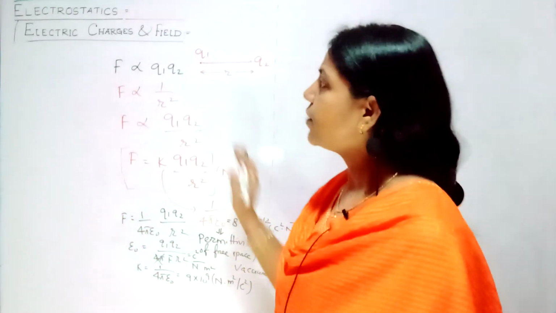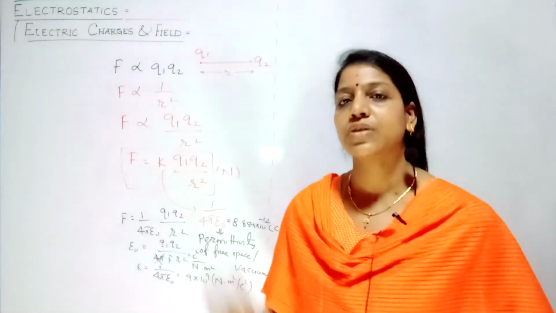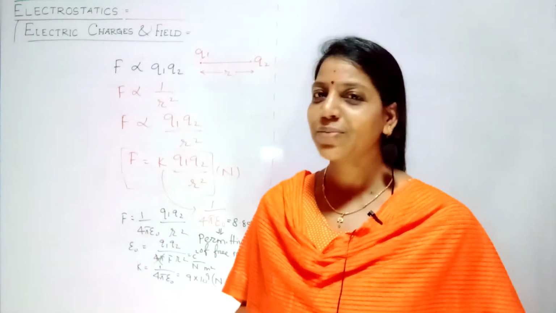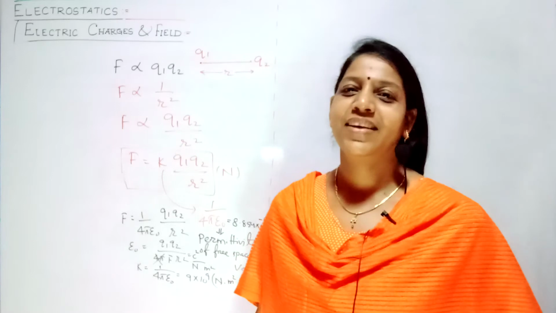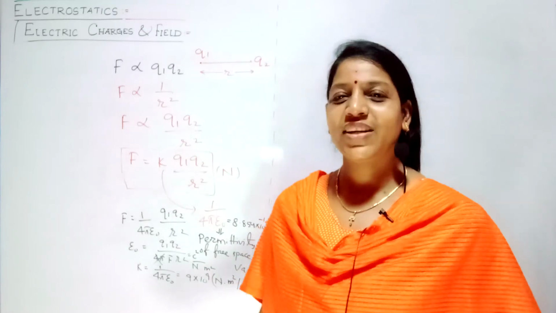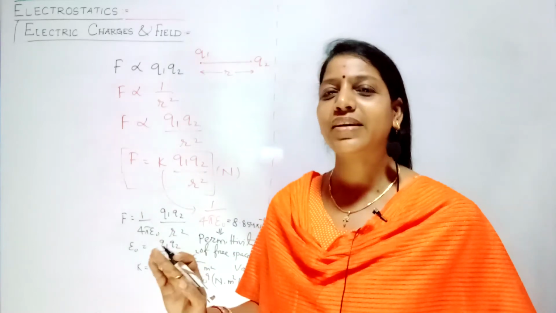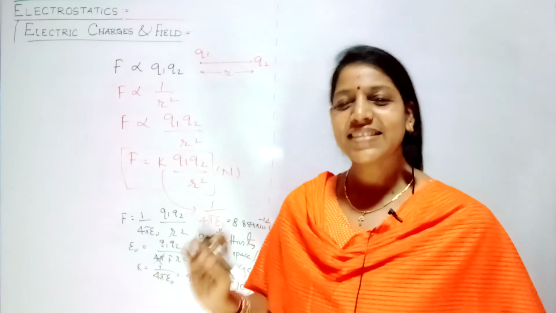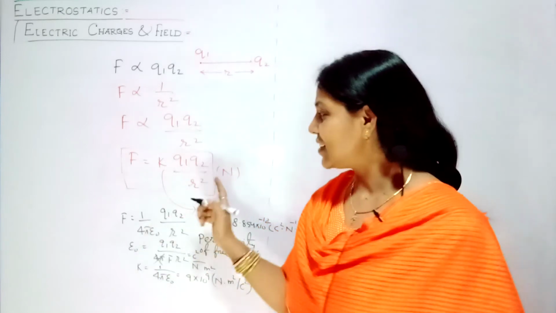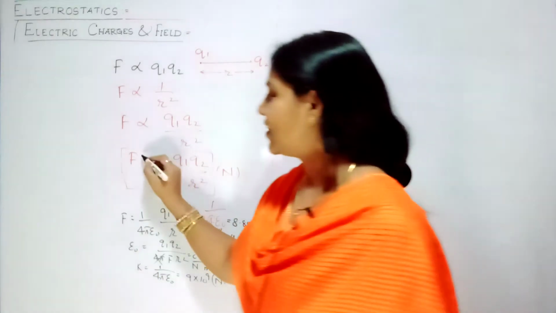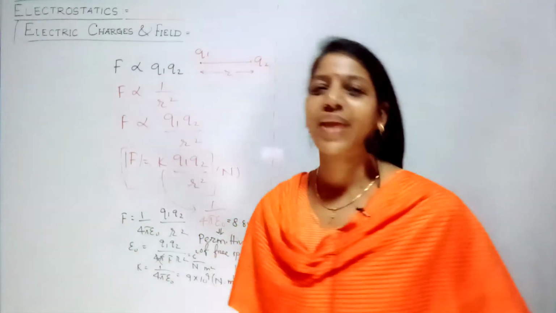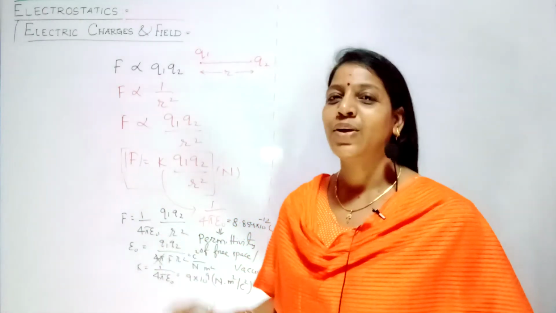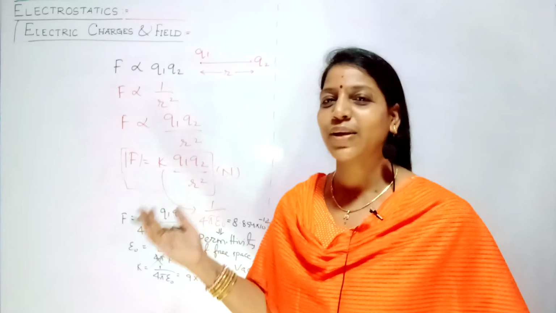Now let us see the vector representation of Coulomb's law. Why? Because force is a vector. If it is a scalar, then we will limit ourselves only to the magnitude. But as it is a vector, what we got is the mod of F, the magnitude of F. We don't know the direction of F. It differs.